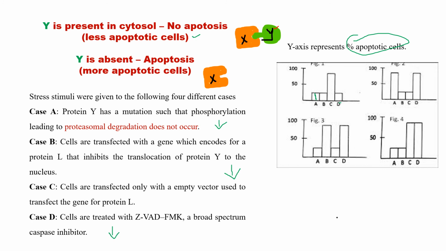Here also less apoptotic cells, but in case C, more apoptotic cells, but we are not sure. So just leave that. Come to case D, here less apoptotic cells. So these three are correct.